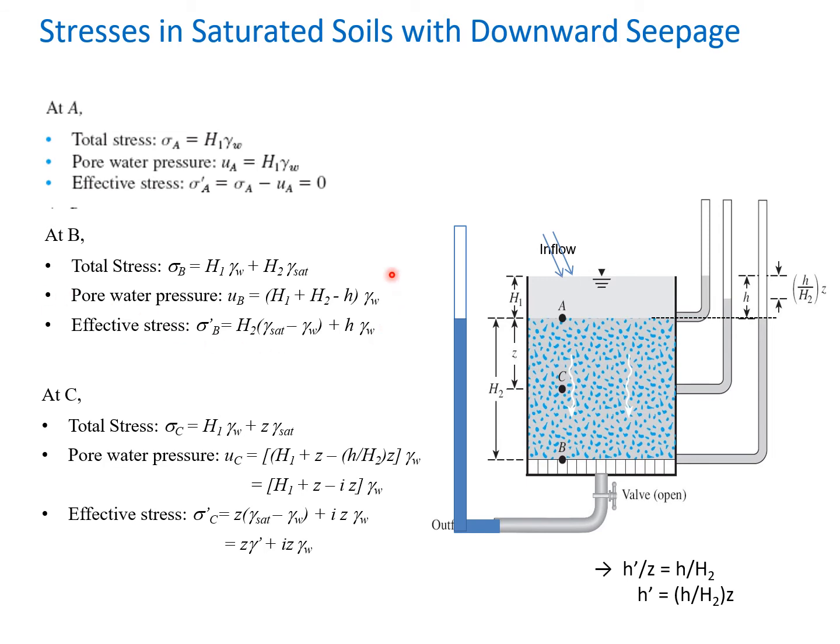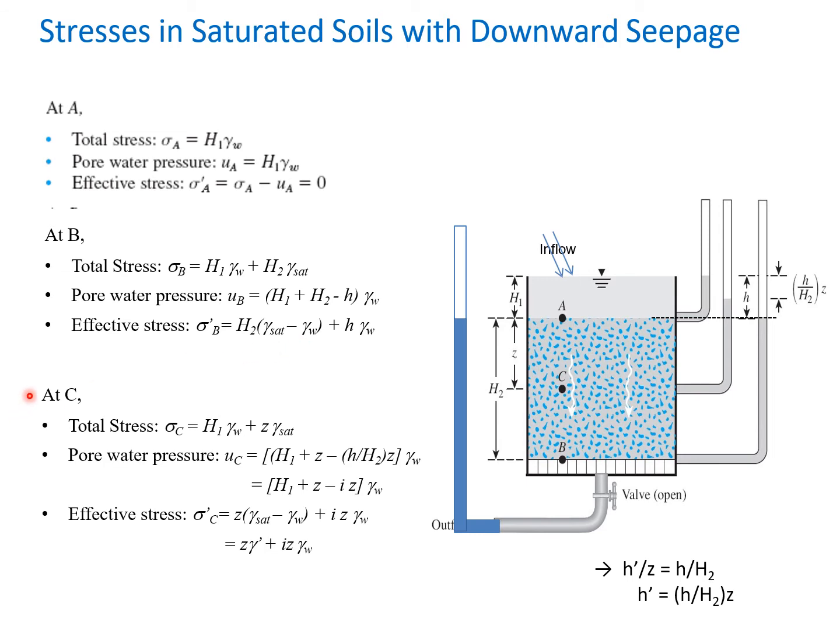So here, as the seepage is in the downward direction, the negative sign will be used. So the effective stress, that is the total stress minus pore water pressure, is coming equal to that, and this is basically the submerged or buoyant unit weight, gamma saturated minus gamma W.